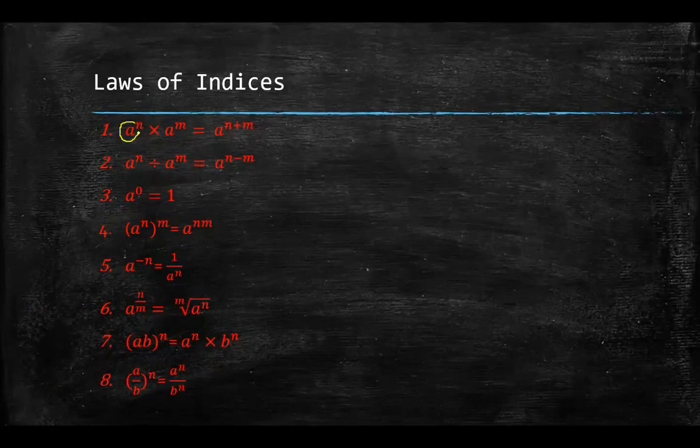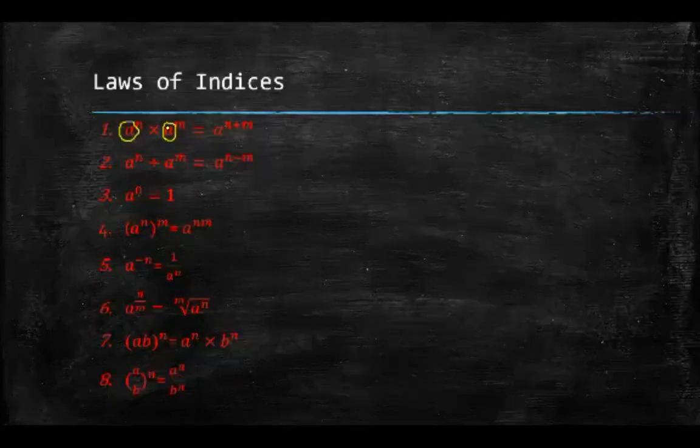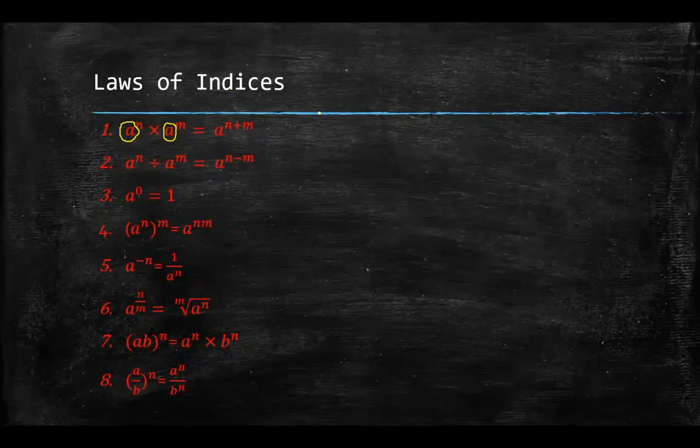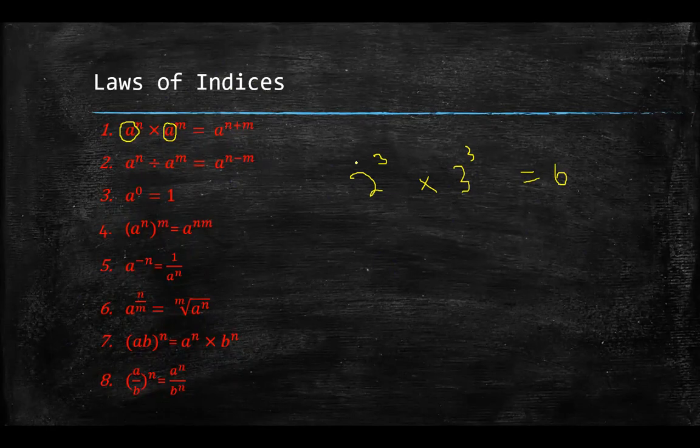We said that a is called the base. Notice that these have the same base. That's something real important that you have to remember, because some people, after they learn the topic later down, start mixing it up. They might see 2 to the power of 3 times 3 to the power of 3 and say, oh, well, that's 6 to the power of 3 plus 3, which is 6.